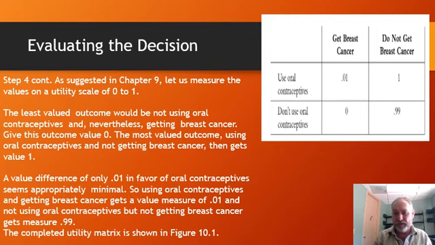So we assign that 0.99, or you don't get breast cancer. But you didn't get to use the contraceptives, so that outcome is a little less preferable, the same amount as contraceptives and getting breast cancer. It's like a 1% difference. So hopefully that's intuitive. Okay, so that is how we are assigning the values, and now we've completed our matrix.